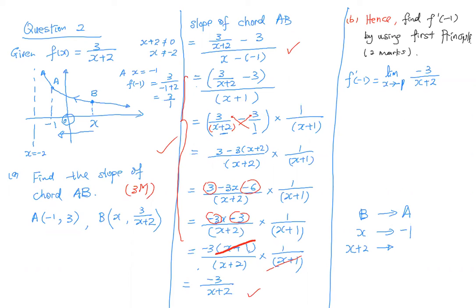It will approach a value. What is that value? 1. Yes, you are right. X approaches -1 means 0.99999999999, then plus 2. Isn't it approach 1? Nicholas, are you okay? Yes, teacher. So then my answer will be negative 3 over 1, which is negative 3. Done.